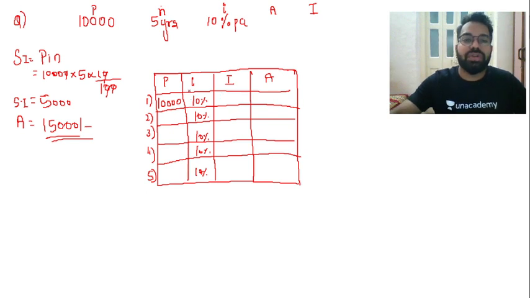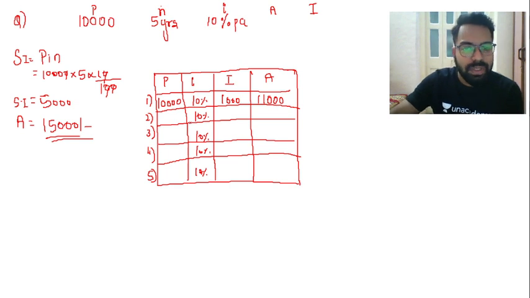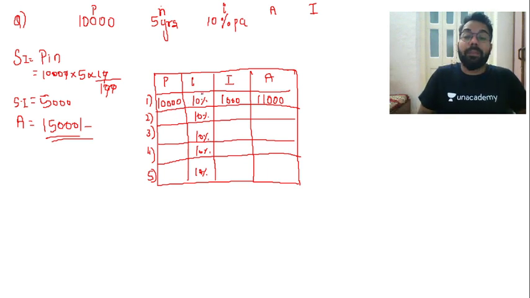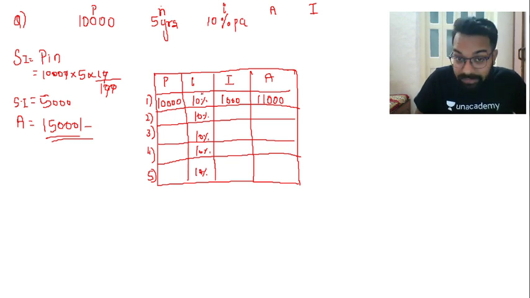The interest for the first year will be 10% of 10,000, which is nothing but 1,000 rupees, and the amount becomes 11,000. Now in simple interest, in the next year we would again calculate the interest on 10,000, but this is where compound interest is different.